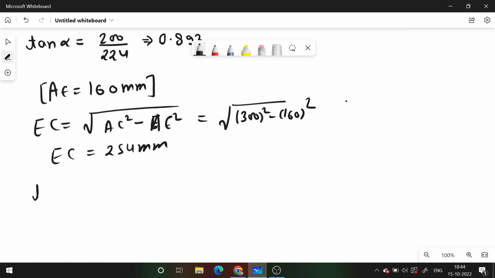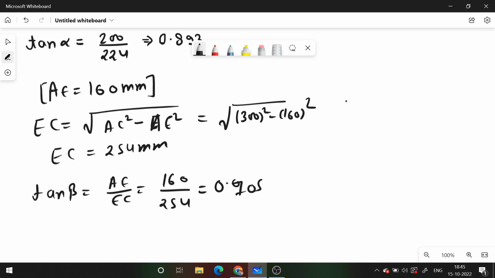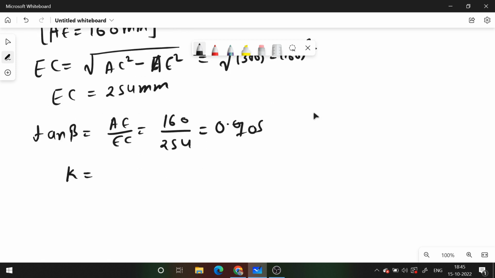Now from here tan beta will be equal to the AE upon EC. AE is 160, EC is 254. The ratio of these values is 0.705. Now the value of K will be tan beta upon tan alpha.